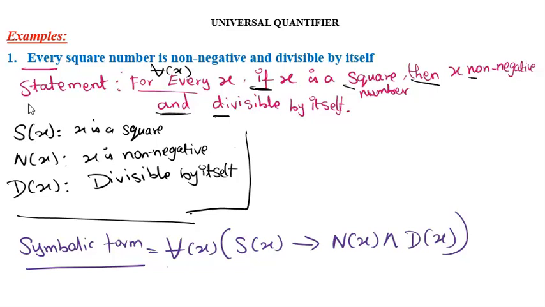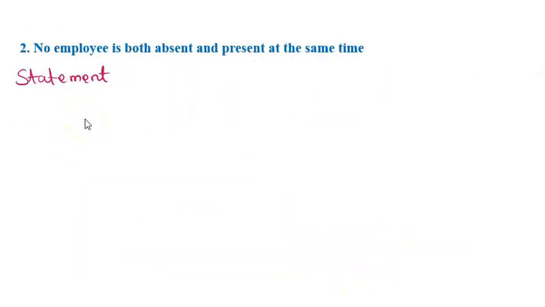This is: for every x, if x is a square, then x is non-negative and divisible by itself. This is the way you have to convert the statement into symbolic form. Here the implication operator as well as the and operator are involved. Let's see another example.